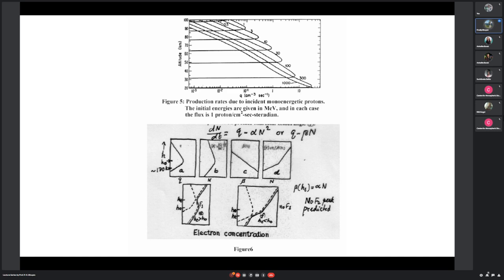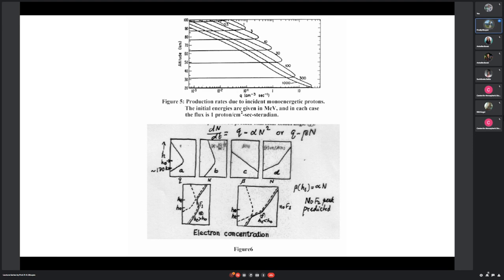And if the incoming solar radiation's energy is less, then for 300 MeV it also starts somewhere near the lower atmosphere, then about 30 kilometers, and it is going up for different values of initial ionizing radiation strength. How strong the initial radiations are.